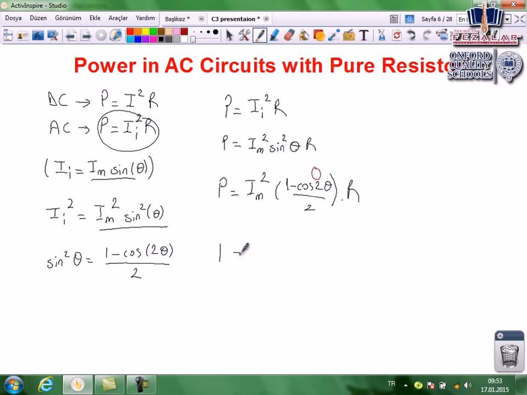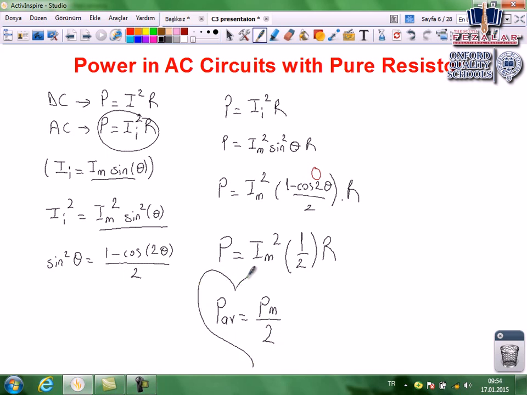Power equals I m squared times (1 minus 0) over 2, times R. So average power is I maximum squared times R, that means maximum power, times 1 over 2. So we proved why the average power of an AC circuit equals half of the maximum value.